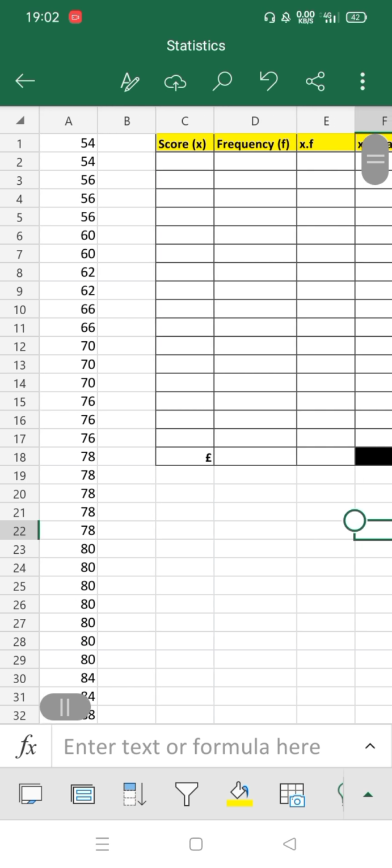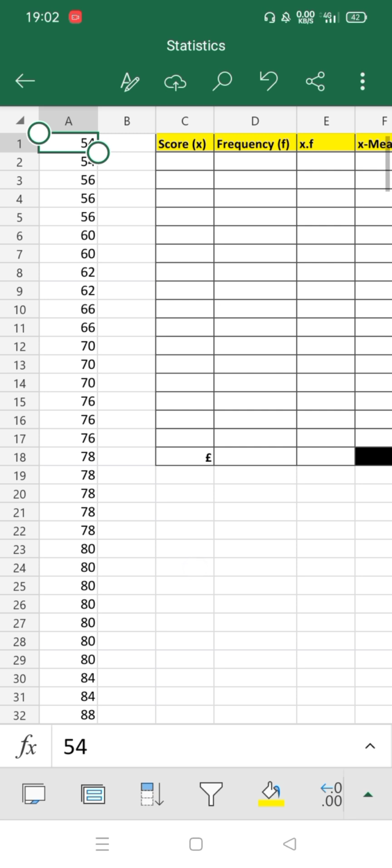Since we do this on Android, we have to move the scores into here manually.